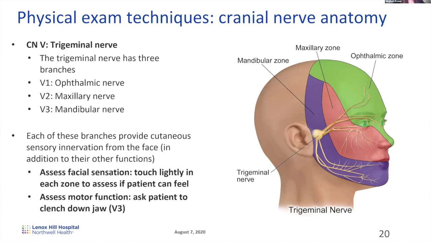I also saw someone mention in the chat they asked what trigeminal neuralgia is, and I was going to mention this as well. Trigeminal neuralgia is essentially a disorder that causes debilitating facial pain. Any movement of your face causes stabbing pain.